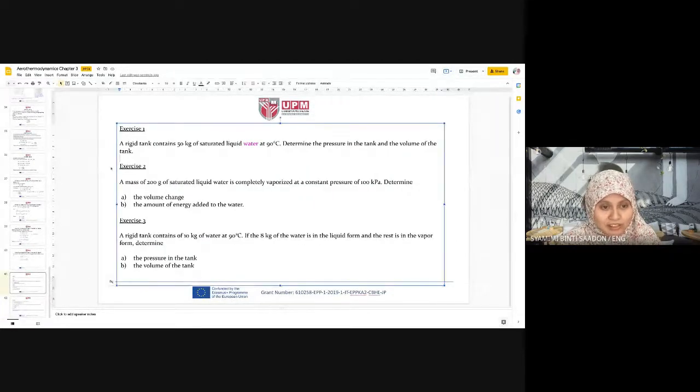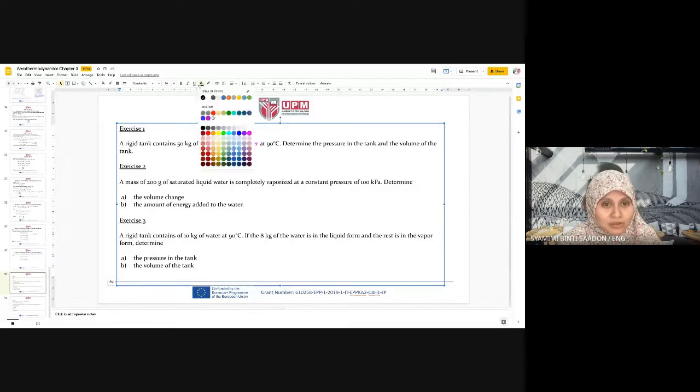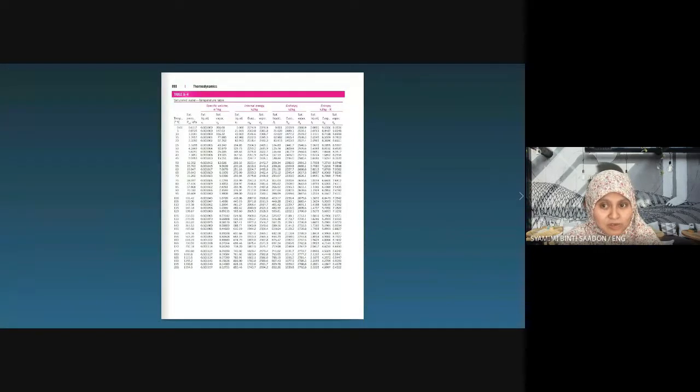Don't choose other tables for refrigerant or other fluid. Then it mentions liquid, so we look up the specific volume for liquid, 0.001036, instead of the saturated vapor. Don't be confused. Just that and multiply with 50 kilogram. You get the pressure directly from the table, and the specific volume multiplied with 50 kilogram. That's it, easy. Okay, next.